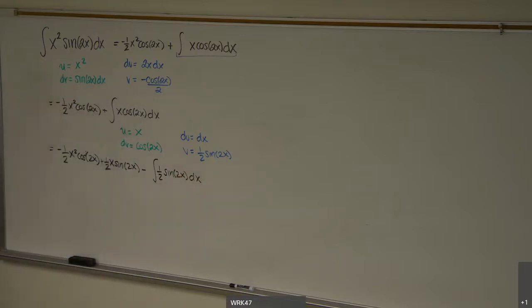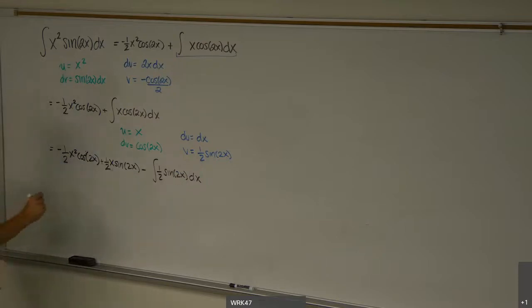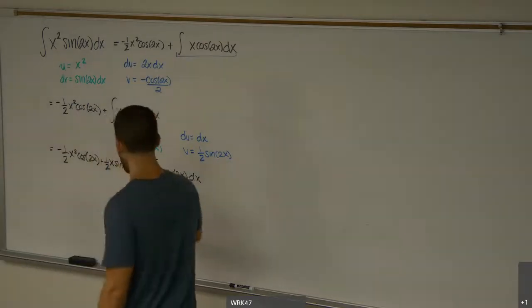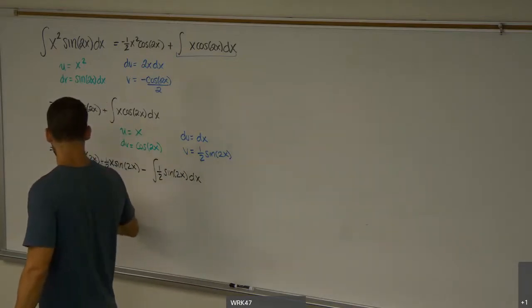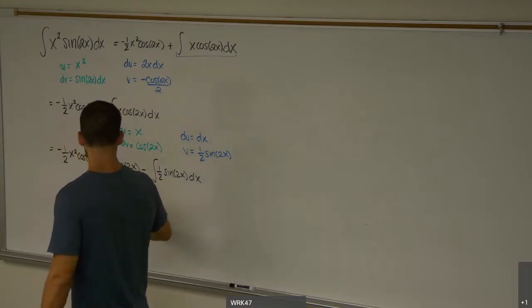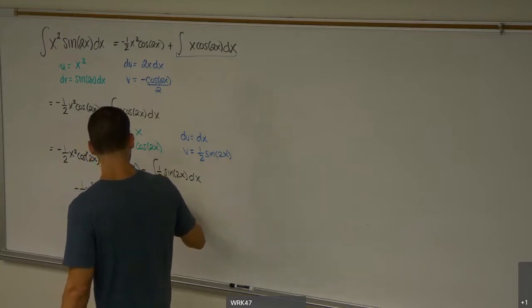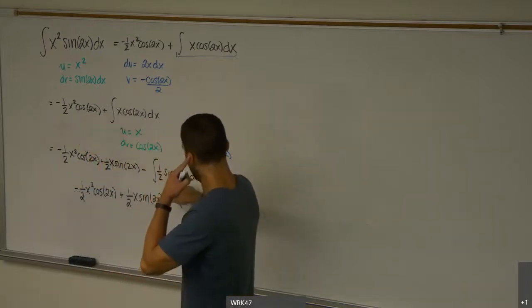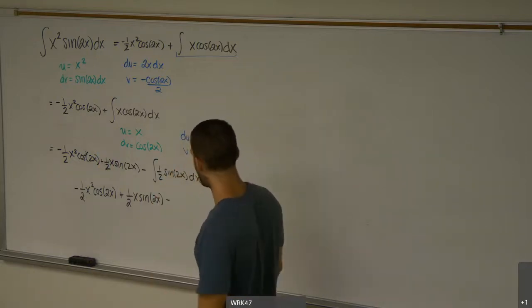Now we still have one more antiderivative to take, right? We still have not evaluated the indefinite integral, but now we're at a point where we can actually evaluate this directly. And so now, after iterating this process 2 times, we are finally able to get to a solution. Plus 1/2 x sine of 2x, minus 1/2, well, the antiderivative of sine of 2x will be negative cosine of 2x over 2.